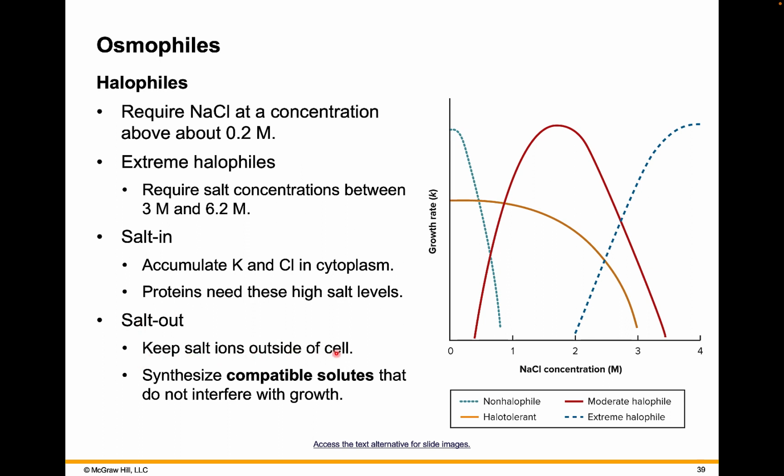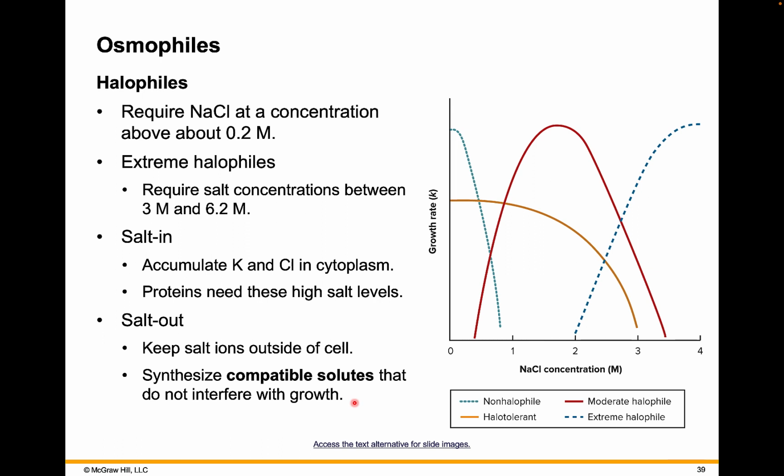On the other hand, there is a process called salt out, and these organisms keep the salt ions outside the cell, and they synthesize compatible solutes that do not interfere with growth. These salt out compounds could be choline, betaine, proline, and glutamic acid amino acids, and the fungi or the protists sometimes synthesize sucrose, and polyols like arabitol, glycerol, and mannitol.